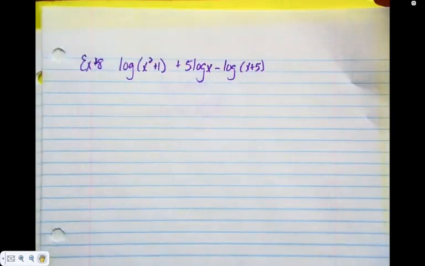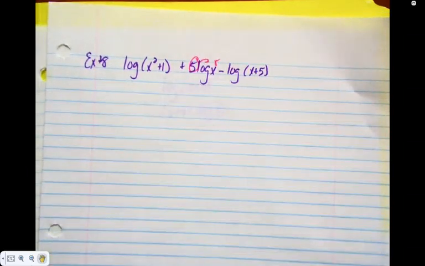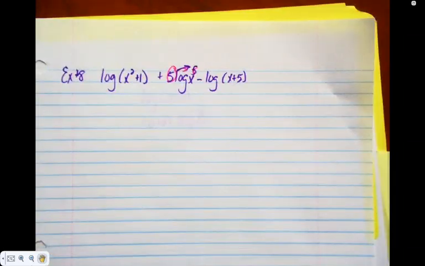Okay, so if we can't distribute the brackets, what do we do then? Nothing. Yeah, we just go to the rules. Any coefficients become exponents. So this 5 has to move up, become an exponent. After that, anything positive goes on the top of the fraction.